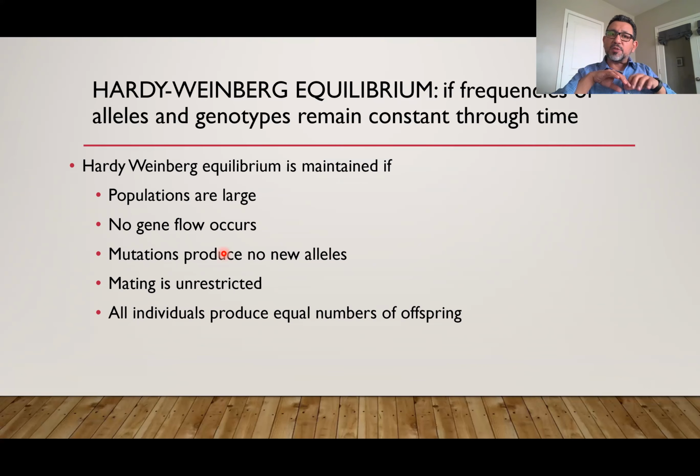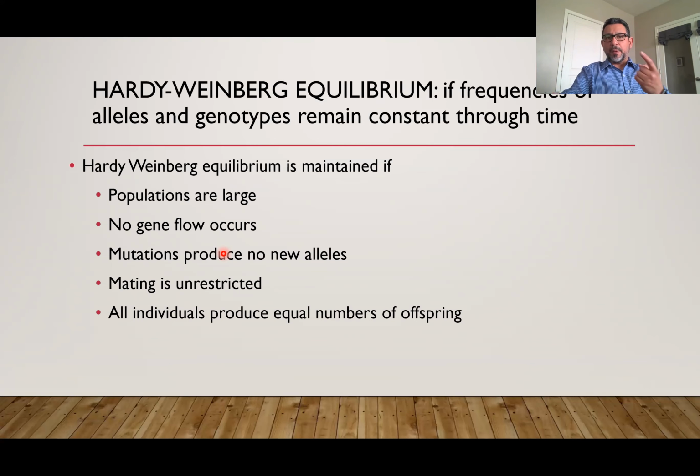And as those individuals are flowing out, well, the alleles they possess are also moving away from a population. So you have to think about a population where no gene flow occurs. Nobody leaves the population. It's like living in prison. All of the members of the population are locked up. Nobody can leave. Nobody can escape.